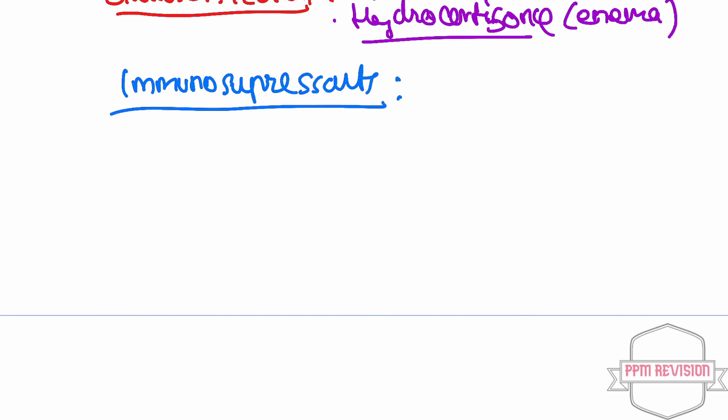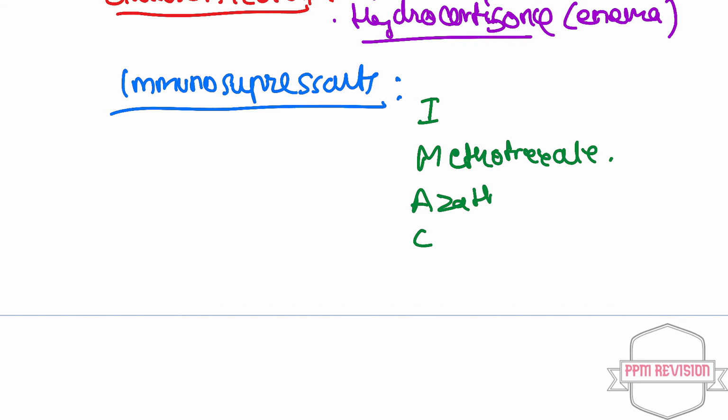Under these immunosuppressants there is methotrexate, azathioprine, cyclosporine, as well as infliximab.